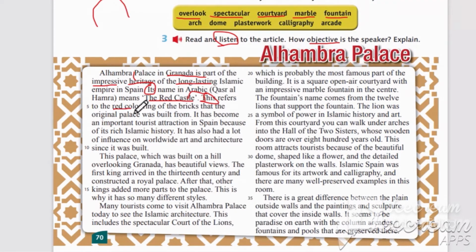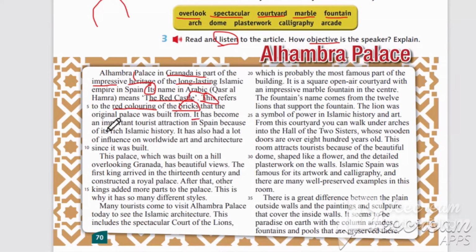From the red coloring of brick, the brick that Alhambra Palace was built with, Miss, the name came from it, okay? That's why they called it the red castle, okay? that the original palace was built from.